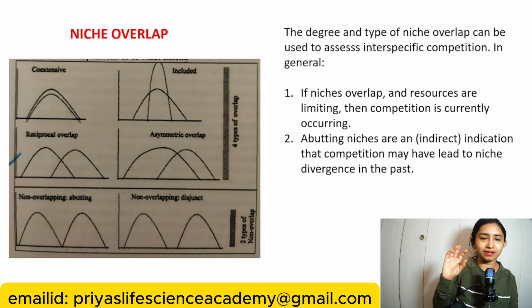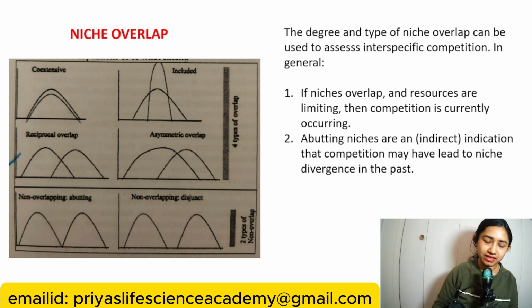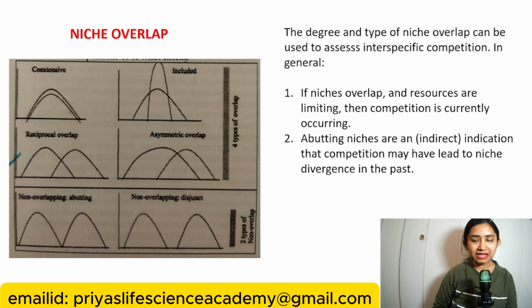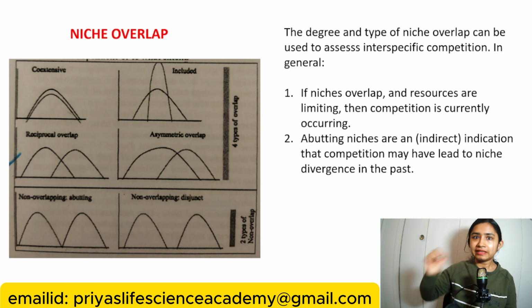There is a very interesting point: what does overlap mean? For a very simple example, suppose you and your sister both love chicken, and your mother prepares chicken for dinner, but both of you want the leg piece of the chicken.